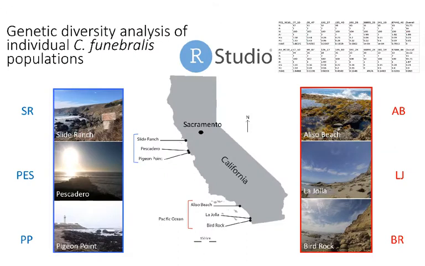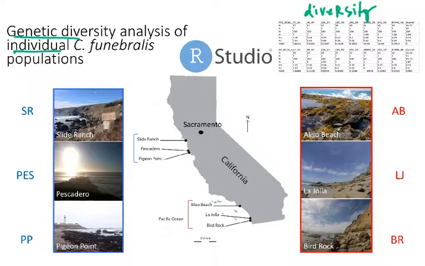Another option, building off of this same type of data, same species, and other things we've done in lab, would be looking at the genetic diversity of individual C. funebralis populations. So in lab previously we've used RStudio and that diversity package to compare a variety of different diversity metrics between Northern and Southern California.